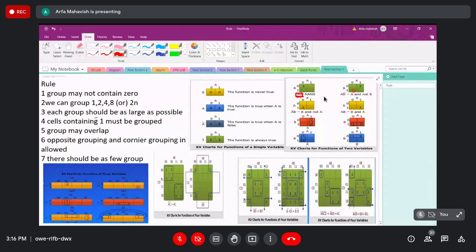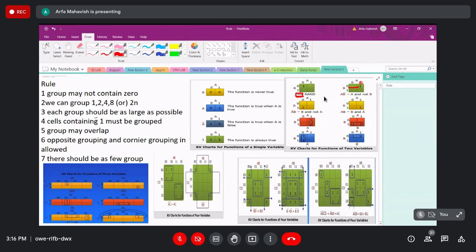Similarly, in this section, we are having the a bar. A value is 1. In the place of a value 1, the input is 1 and the output is 1. And in the place of b, input value is 0 and the output value is 1. That time this input and output value is not matched, right? That's why we are writing the b bar.